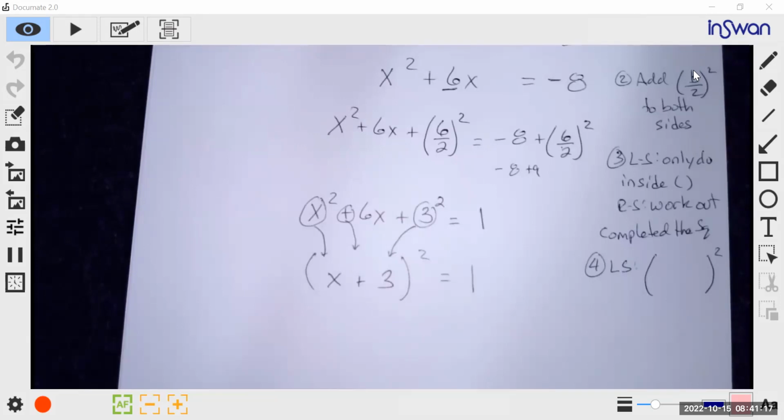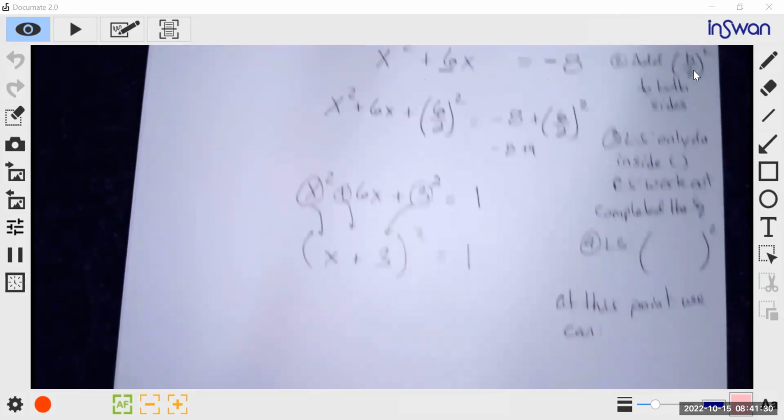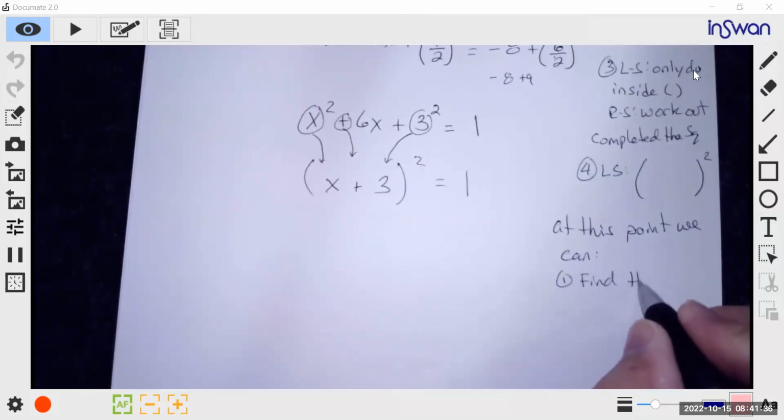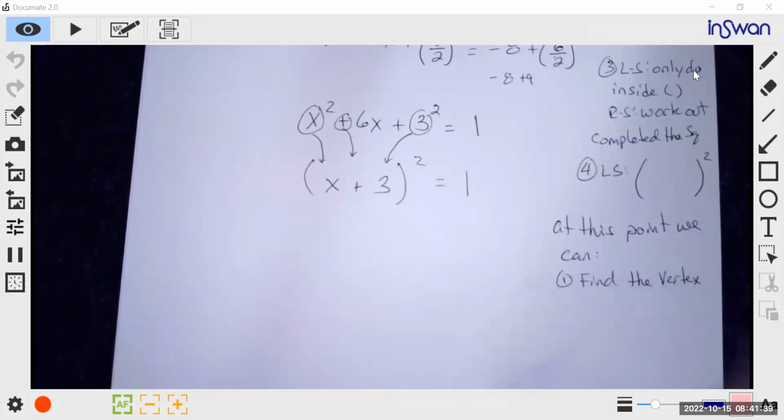At this point, we can do two things. We can, one, find the vertex or we can find the x-intercepts, the solutions.